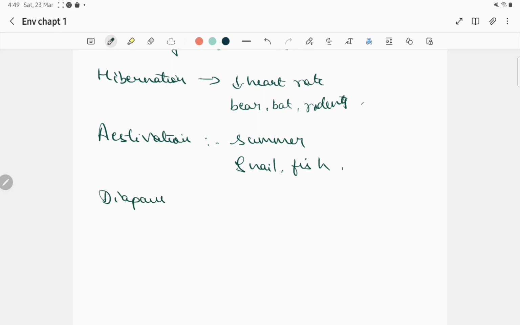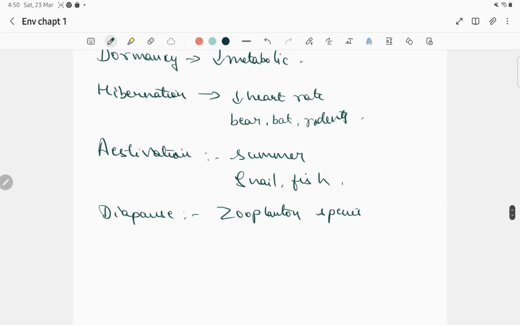Diapause. This happens in zooplankton species in lakes and ponds. It's a stage of suspended development. And morphological changes, as I said: desert plants will have a thick cuticle, and animals also will have long legs, right?